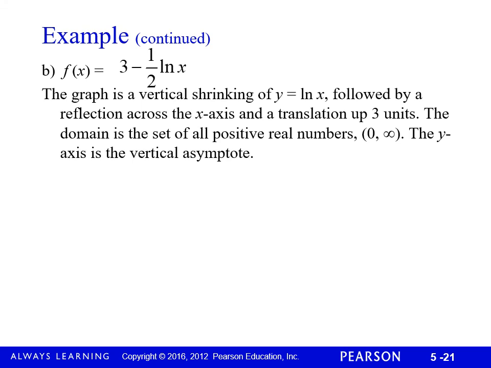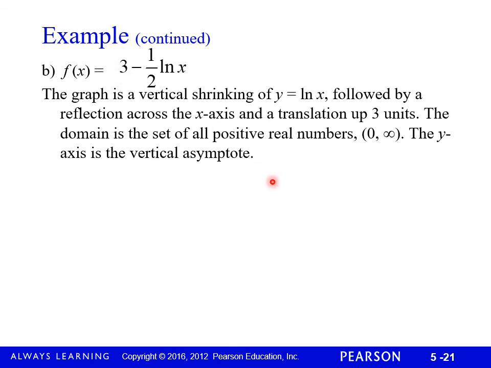This graph is a vertical shrinking of y equals ln x. Why is it shrinking? Because we're multiplying it by 1/2, followed by a reflection across the x-axis. Why? Because it's minus, and a translation up of 3 units because we have a positive 3 here outside the function.